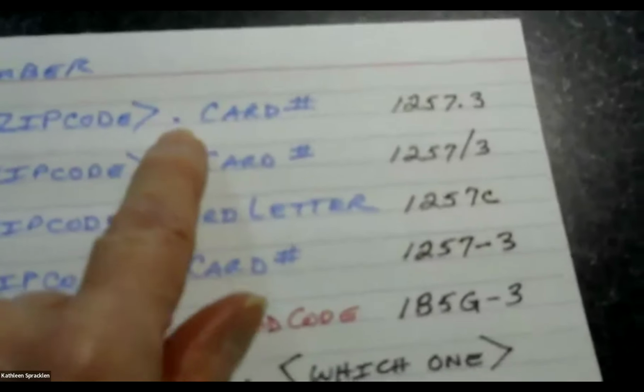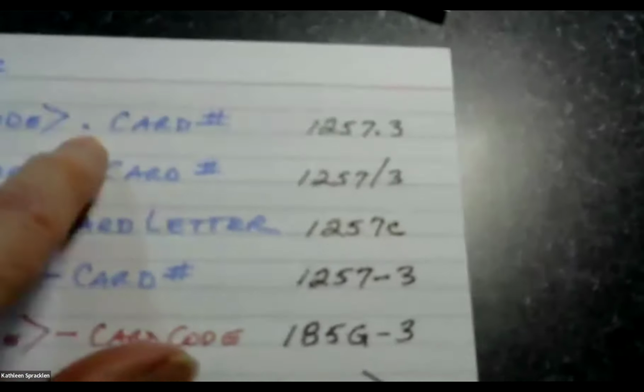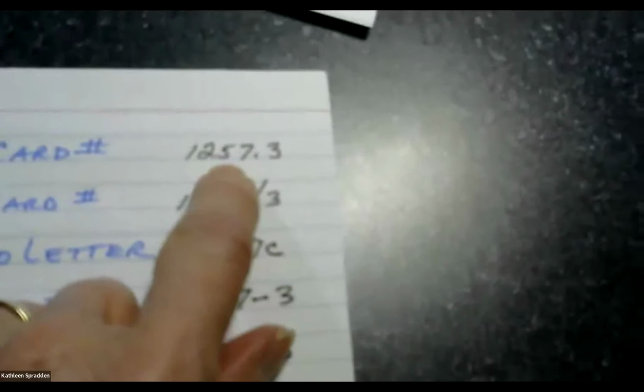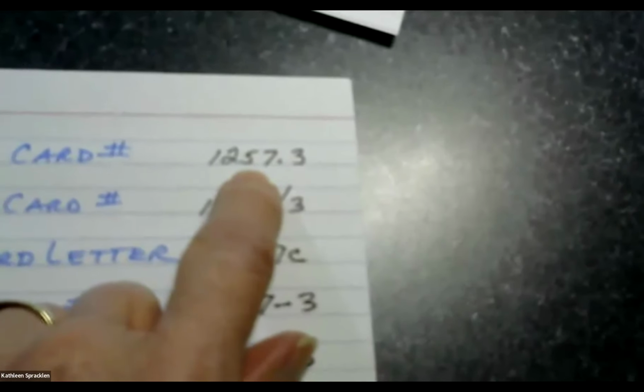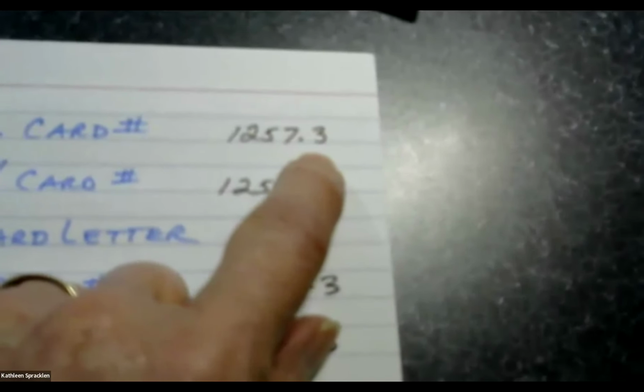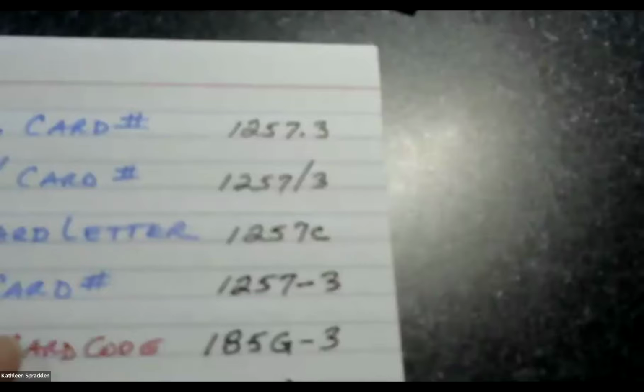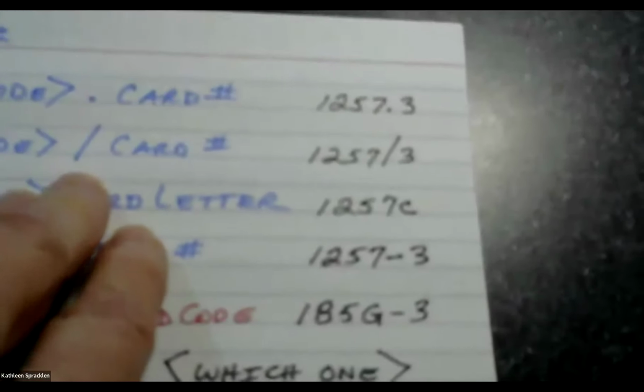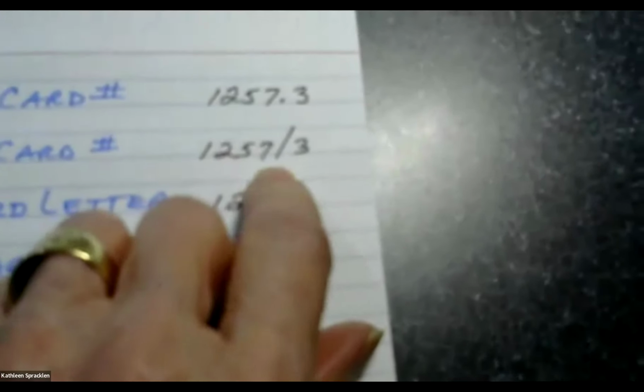My personal favorite is to use a dot, so that I could go maybe from card 1257, I would use .3 if I wanted the 3rd card. A dash or slashes are very common, so you're going to see many times 1257/3.